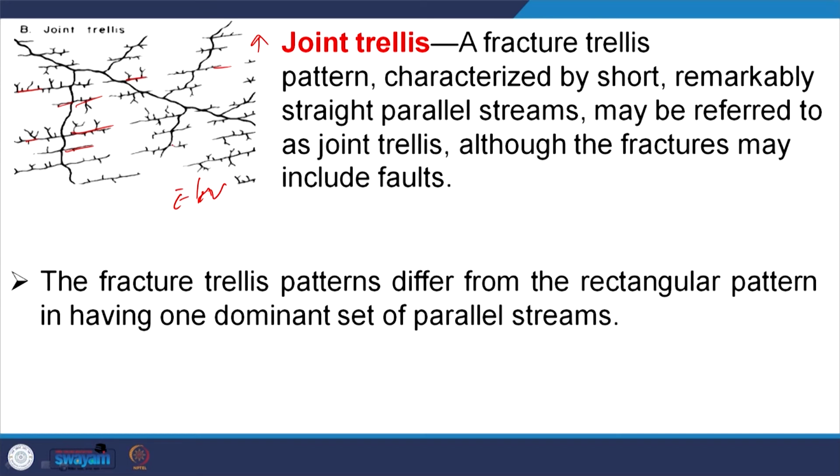Similarly, another set of joints is coming out. So, this trellis pattern is developed due to these joints in the rock. The fracture trellis patterns differ from the rectangular pattern in having one dominant set of parallel streams.